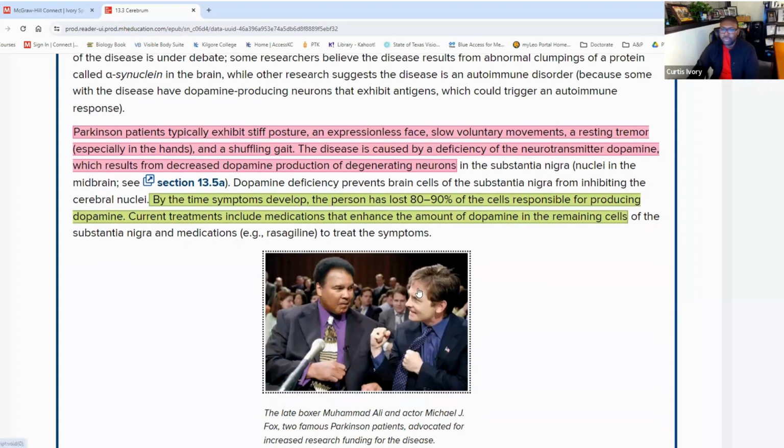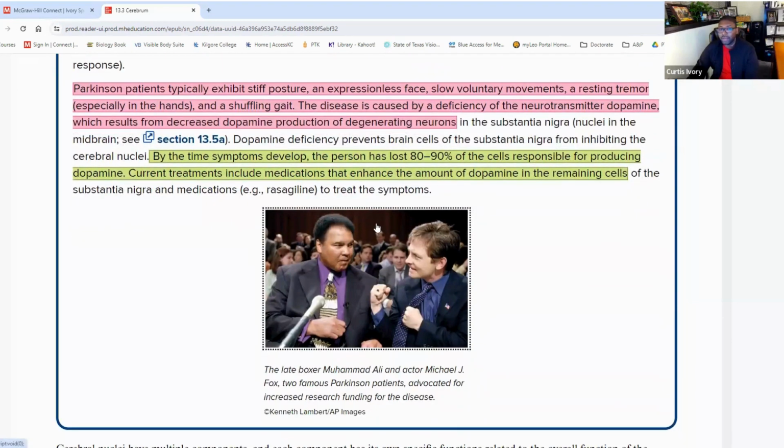These two people are very famous. Muhammad Ali was a boxer, and boxing is a high contact sport, so he was constantly getting hit over and over again. This actually led to his Parkinson's, as causing trauma to the brain over and over again was causing a lot of issues.